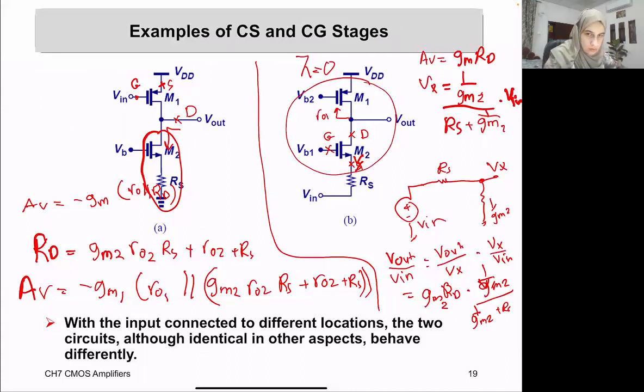Okay, so the entire gain, sorry for the mess up, is GM2 R out 1 times (1 over GM2) over (1 over GM2 plus RS). So again, we did the voltage divider to find what exact portion of Vn arrived at the source of M2 that is going to be amplified with the gain of GM RD.